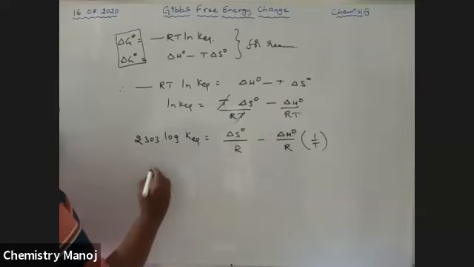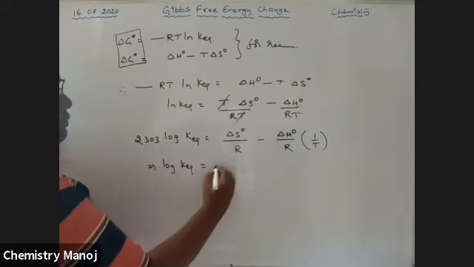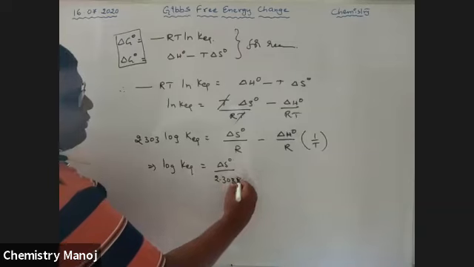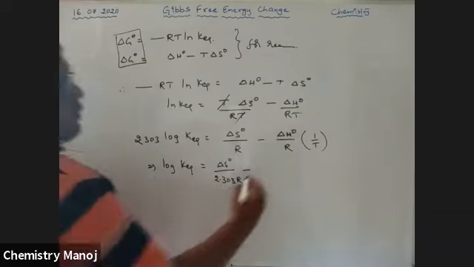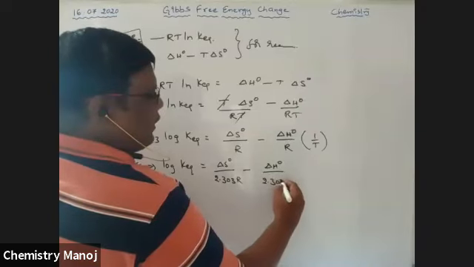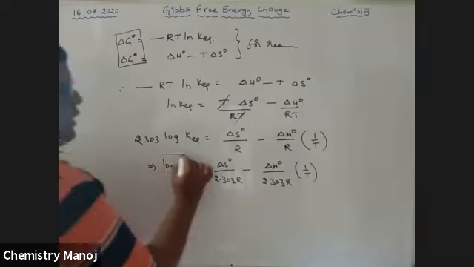So therefore that implies log K equilibrium is equal to delta S naught by 2.303 R minus delta H naught by 2.303 R into 1 by T. It is the important relation, boys.